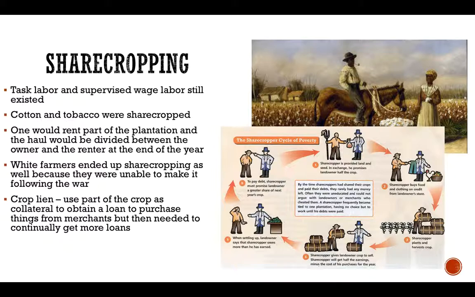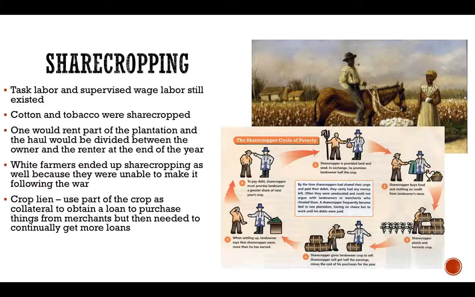So this meant that a person would rent part of a plantation, and whatever they grew, whatever they harvested, would be divided between the owner and the renter at the end of the year. So they would do all the work, and then whoever technically owned the land would get half of the profits from that.